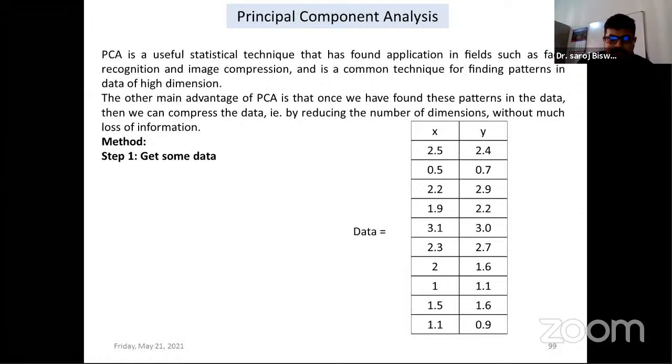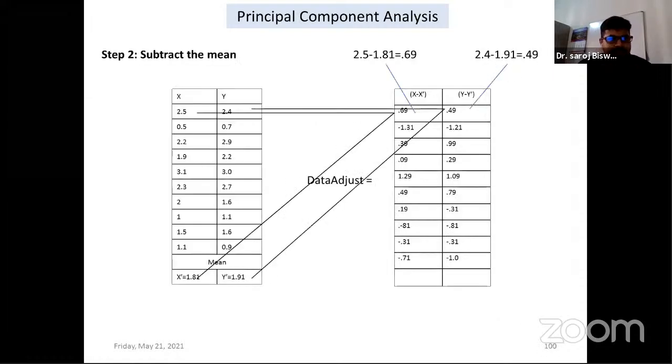So coming here to step 2, in step 2 we subtract the mean. By subtracting the mean, it finds the data adjust. So step number 2 is to calculate the data adjust. Now the question: how to calculate the data adjust? See here. Initially, for each parameter, for each attribute, we have to find the mean value.